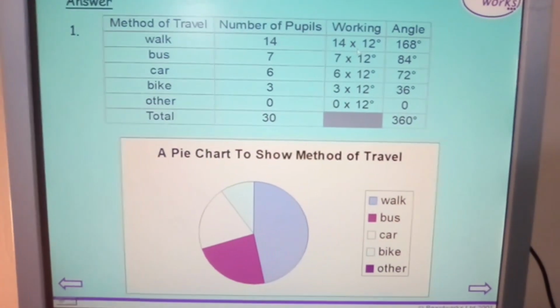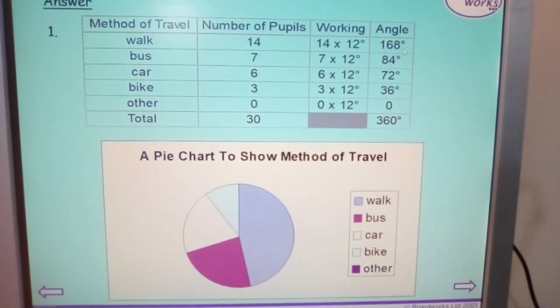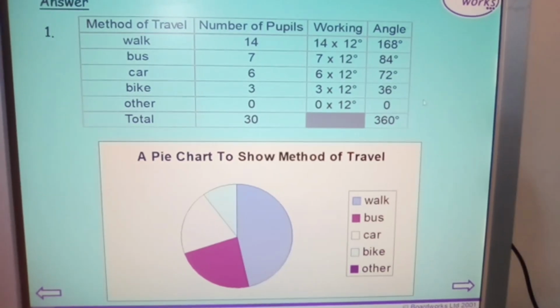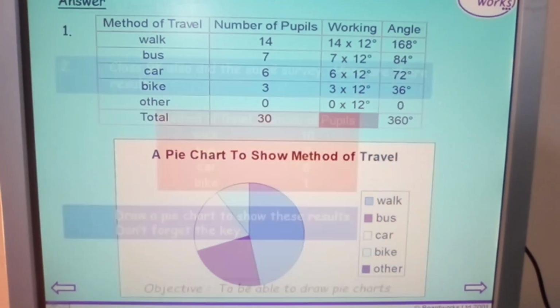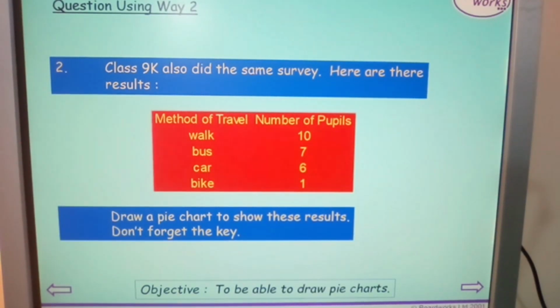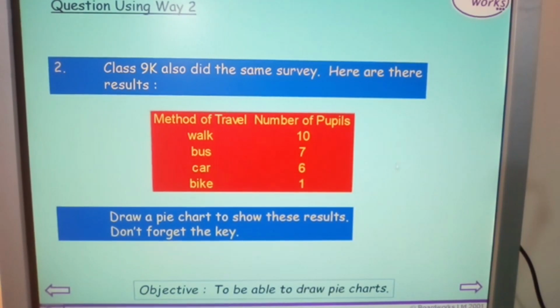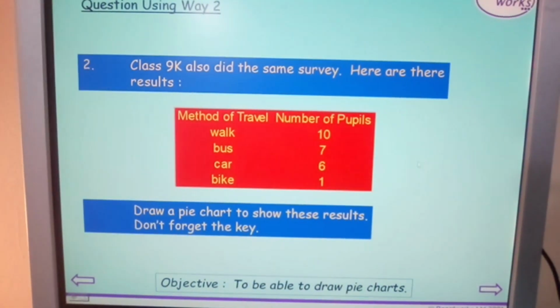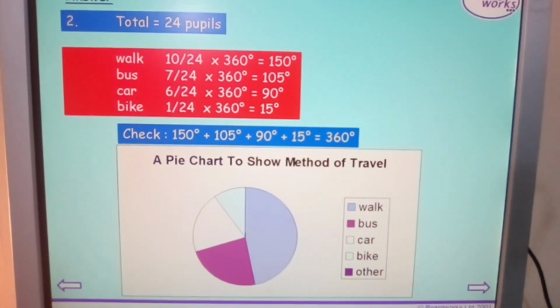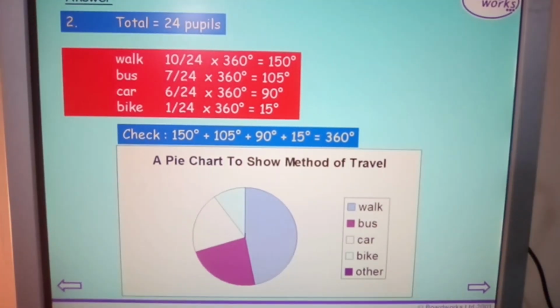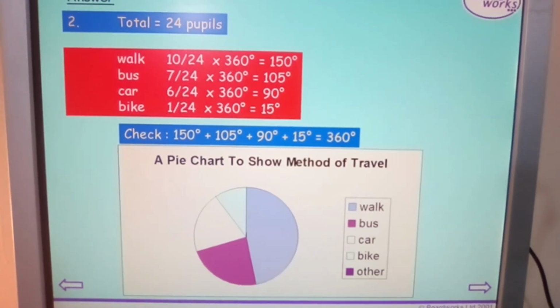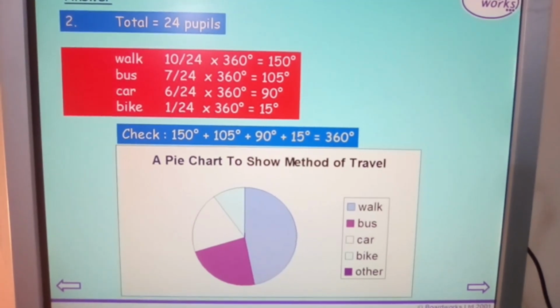And here you have your answer. So the largest number of people you can see walk.